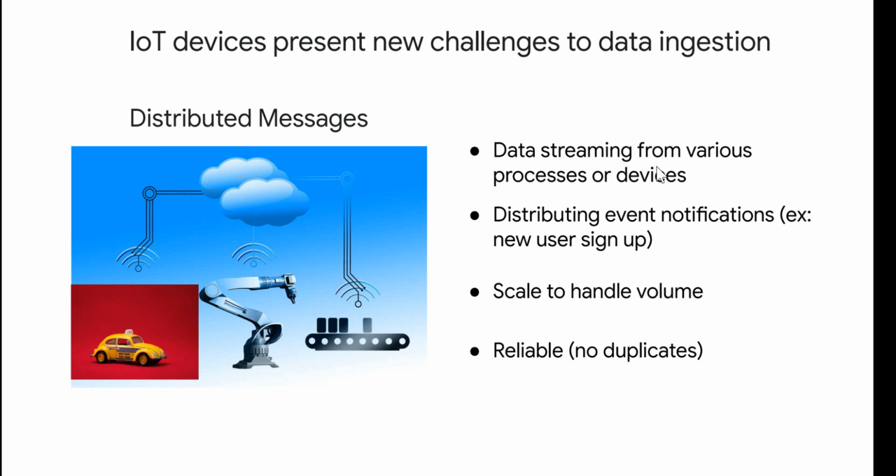Distributed event notification, for example: a new user signs up, and our system is able to catch this event. Also, it needs to scale to handle volume and be reliable, without duplication of the data. Quality is important if you are in the universe of data.